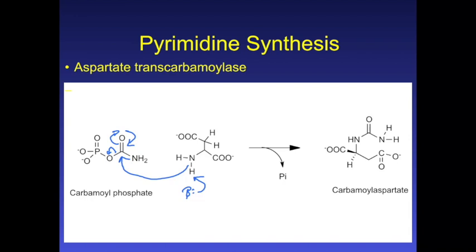No, way before IMP. I went all the way back to ribose. In the synthesis of AMP and GMP, we start with the sugar and build the ring around it. Here, in the pyrimidine synthesis, we're going to build the ring structure and then attach it to the sugar. So this is a compare-contrast between the two.